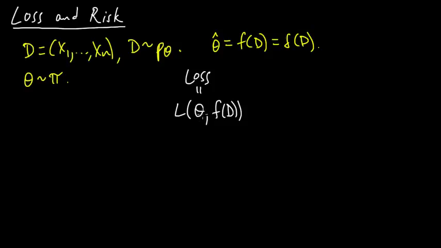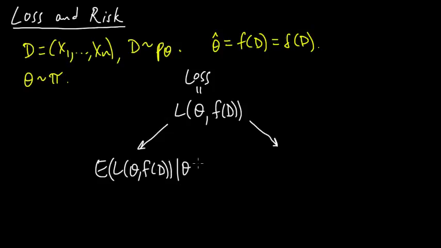So there's two options here. We have two random things, so there's two possible paths. The first path, if we go left, we could average over theta. We would get the expected value of the same thing given, not theta, given the data.